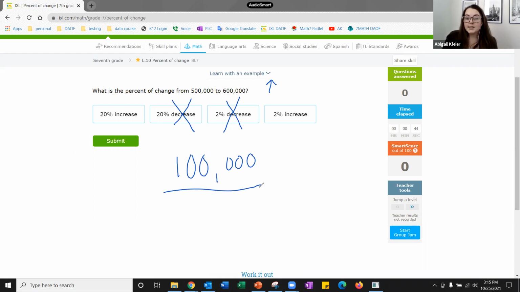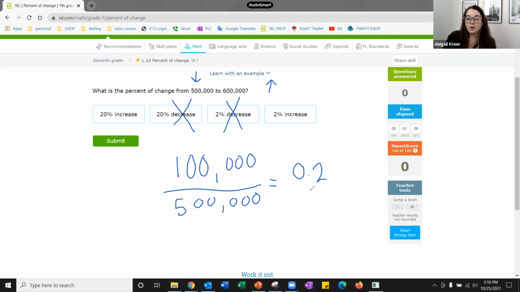Second step is identifying that original value, the original value being 500,000. My next step is to divide these. So I take that numerator and I divide by the denominator, and that gives me a decimal of 0.2.